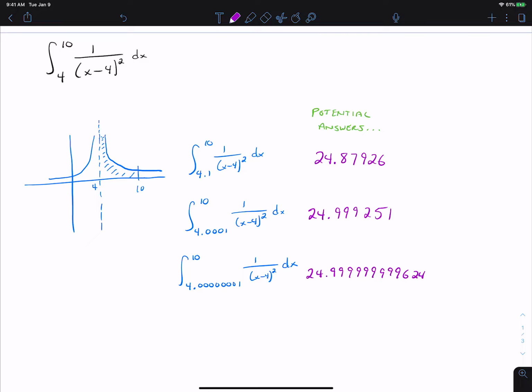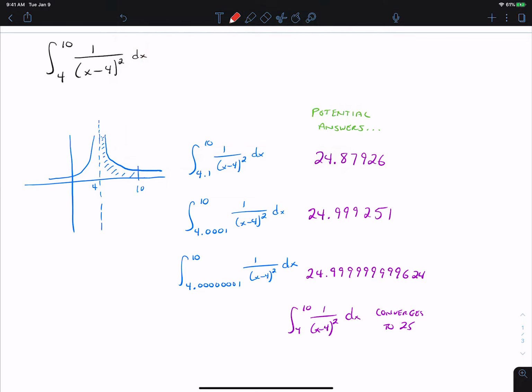Again, those are not the correct numbers, or I'd be surprised if they are. But if this happens, then we would say that the original integral converges. We would say this converges to 25.